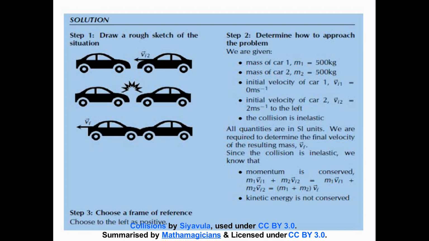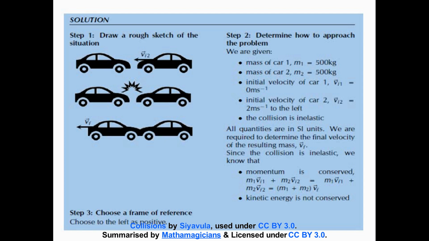Both cars are 500 kilograms each, so if they stick together, the total mass will be 1,000. Hence the formula at the bottom, (m1 plus m2) multiplied by vf. And we know that kinetic energy is not conserved.